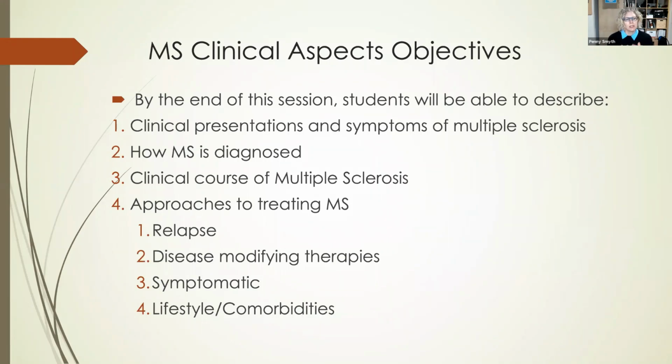We're going to touch briefly upon the clinical course of MS, and then relate that back to therapies and where we have gone with therapies, which has been a huge explosion in the 21st century. Then I'll finish with a description of approaches to treating MS, which I've put into various categories to organize us. Of course, we can't cover all of this in detail in terms of therapies, because that would be a whole other session, but this will give you an idea of our approach.